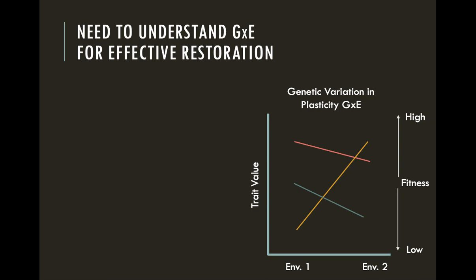So why would we care about G by E in the context of restoration? Well, as you've heard about in some of the cool talks that preceded this break, plasticity is really important for understanding how coral are going to respond to the different environments, in terms of predicting the impacts of your restoration.